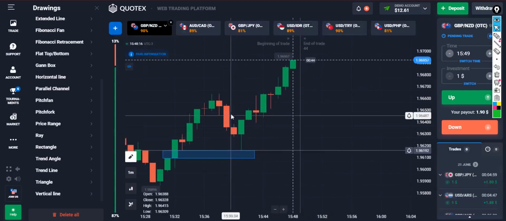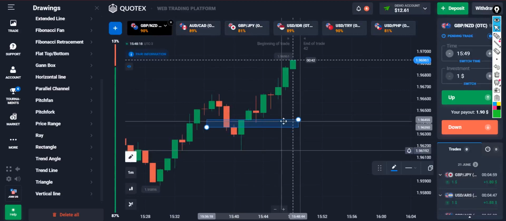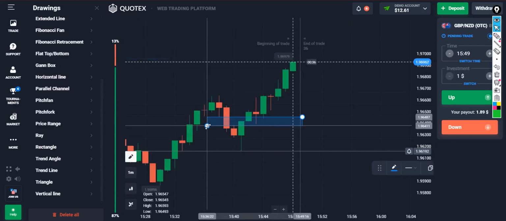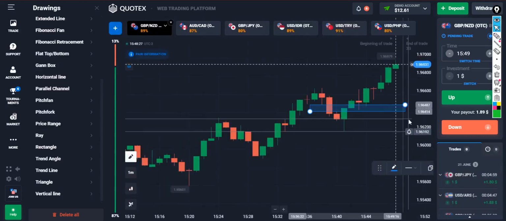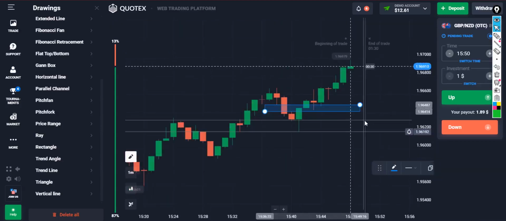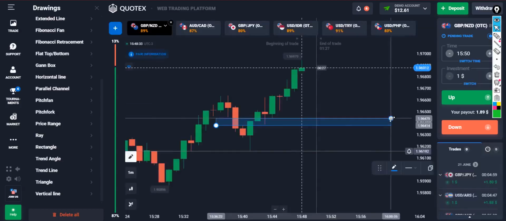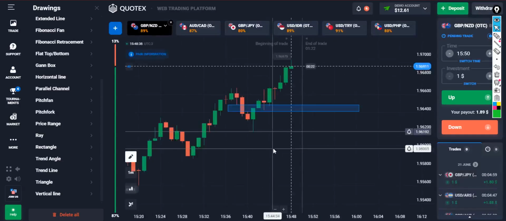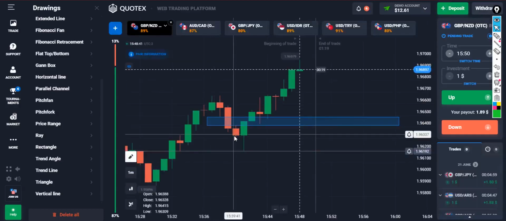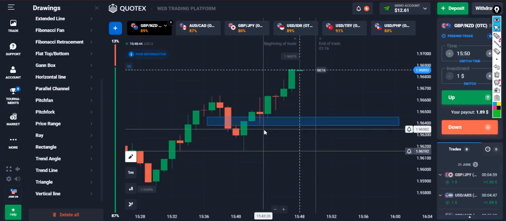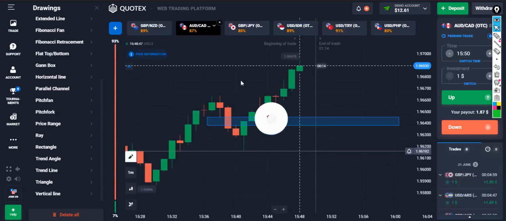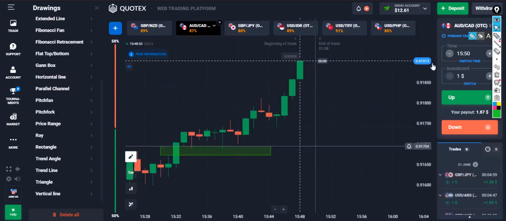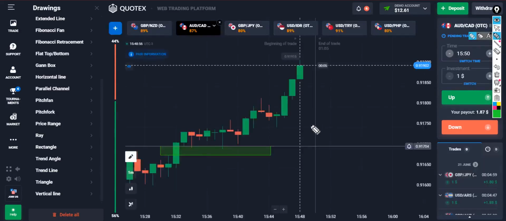Okay, let's see. This one seems to be a good one. By the way, if you wanna trade with fair value gaps, there are some things that you need to learn about.